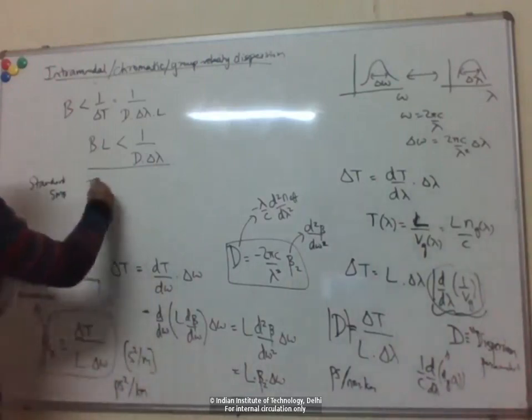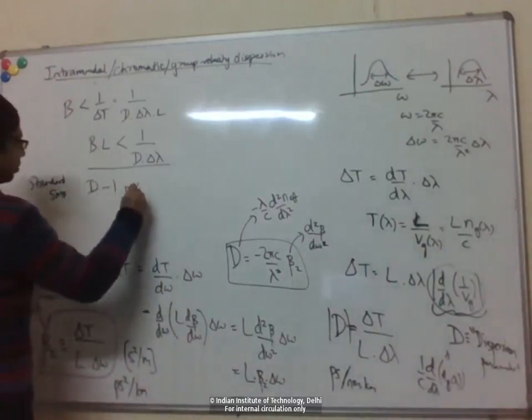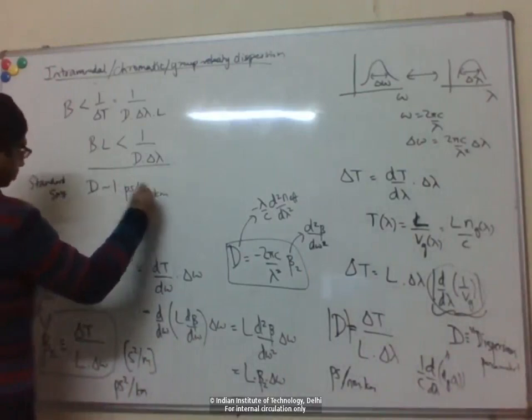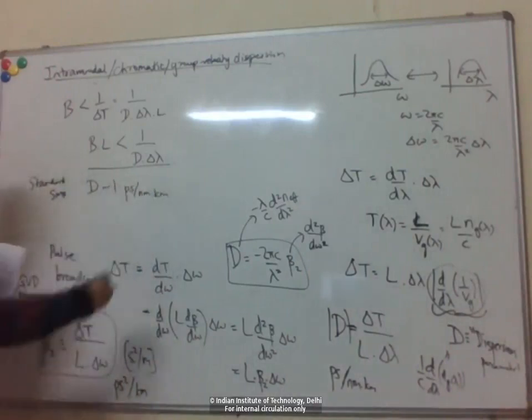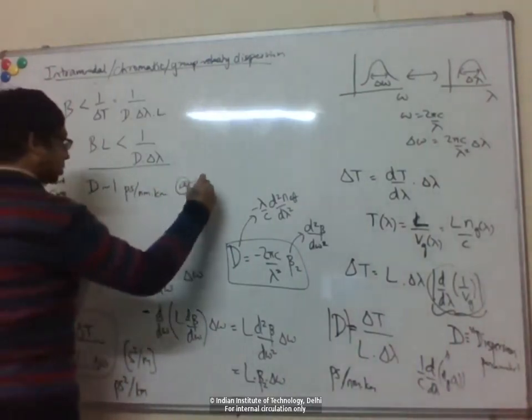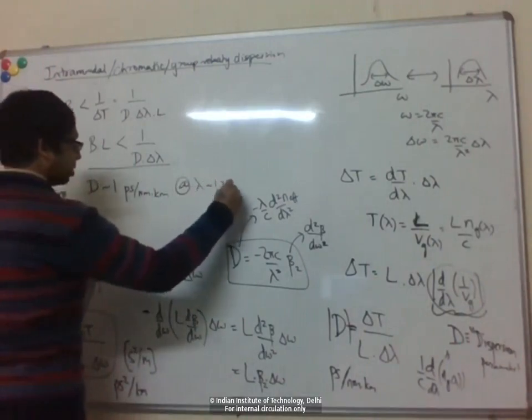So if you look at 1.3 micron wavelength, this value of D is very small, near 0, like 1 picosecond per nanometer kilometer at 1.3 micron.